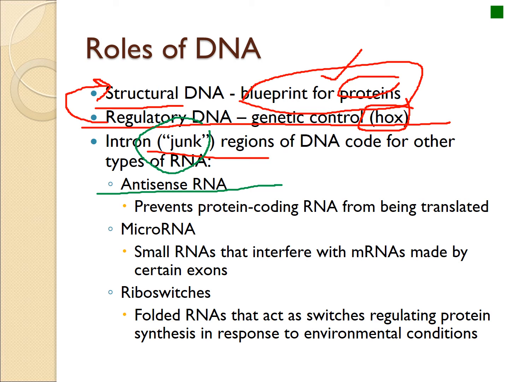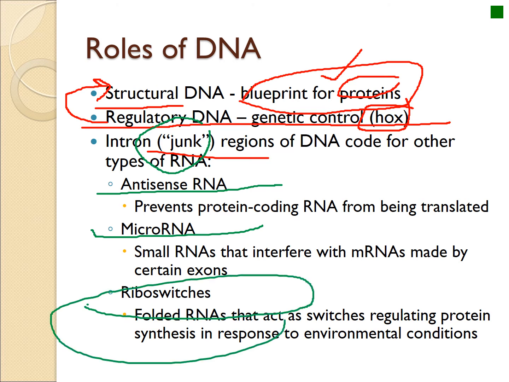And this is what a cell is like. Once it starts using its DNA, sometimes it takes a long time for it to change gears. And this is the role of antisense DNA, and also the role of something called microRNA, antisense RNA, microRNA, and what are called riboswitches. So, and guys, there are dozens of types of DNA that is embedded in our cells that we don't know anything about.